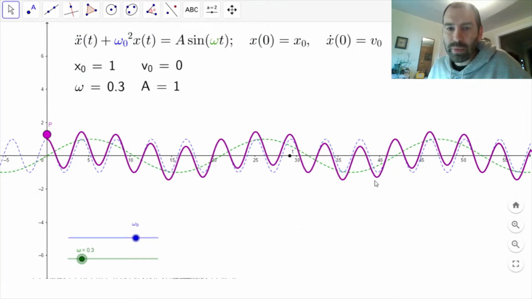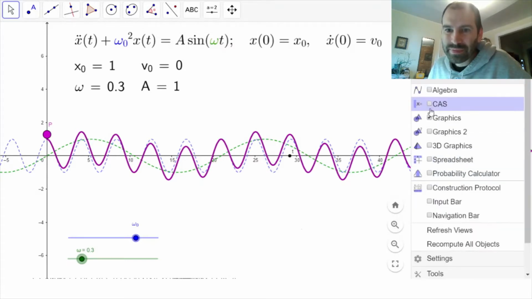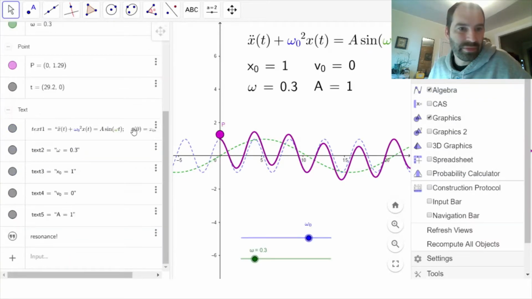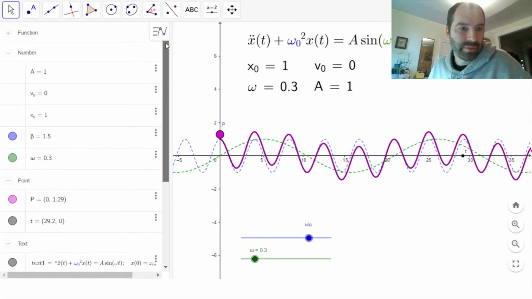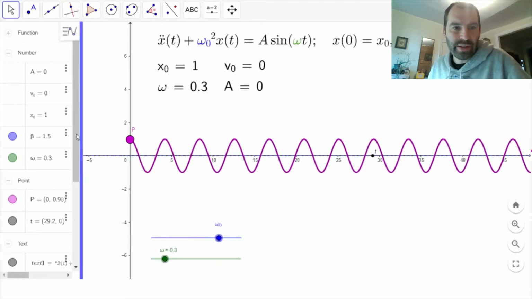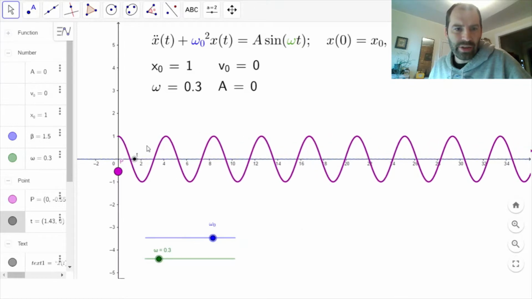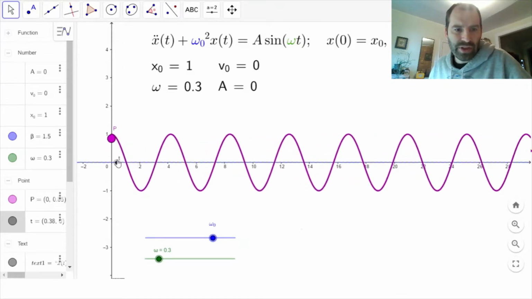Let me just set the force on the right-hand side to be 0, and we get very regular oscillatory behavior. As time goes on, you can see the object on the left-hand side, that purple ball, is just the object on the spring. And as I let time go on, it bounces up and down, as we would expect.